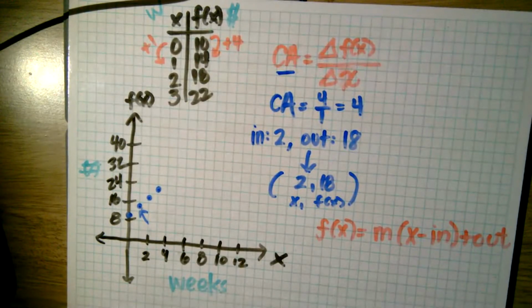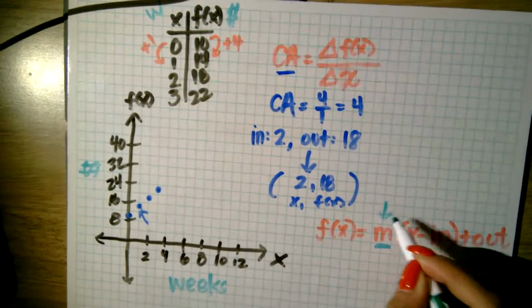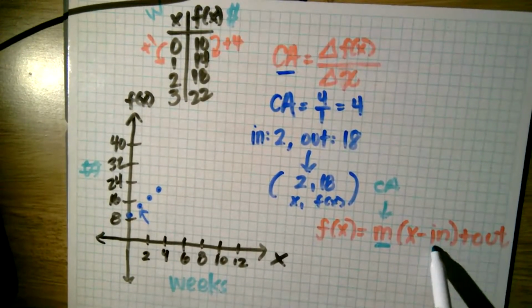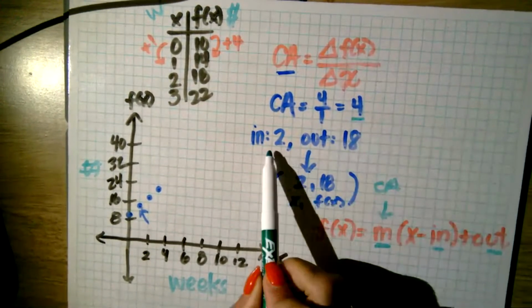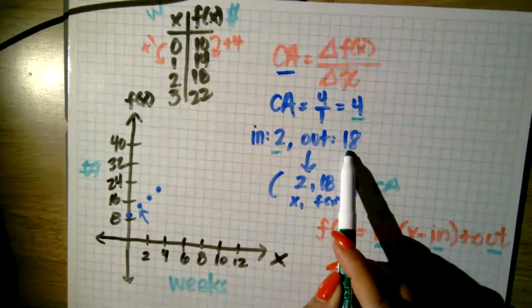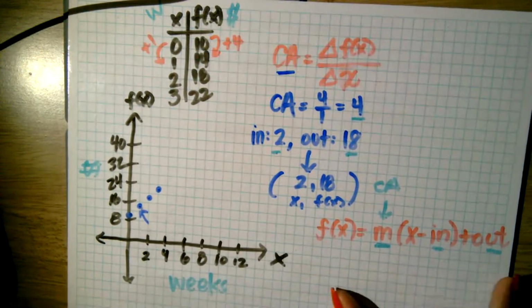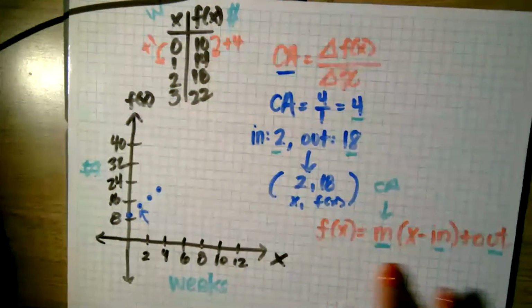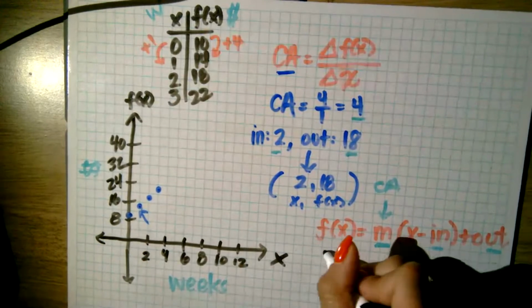Remember that the only thing I have to mess with is my constant additive, my input and my output. So I already know that my constant additive is 4, my input is 2, my output is 18. So all I'm going to do is plug that in, and then I can leave it in that form. This is technically point slope, or I can simplify it into a mx plus b format.